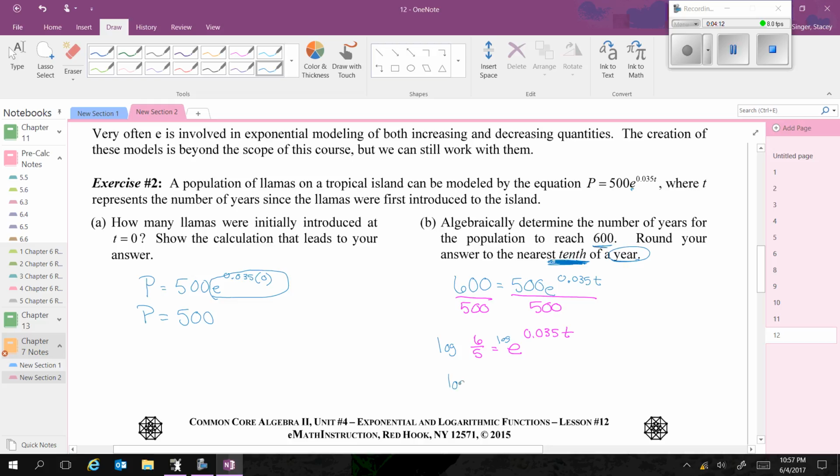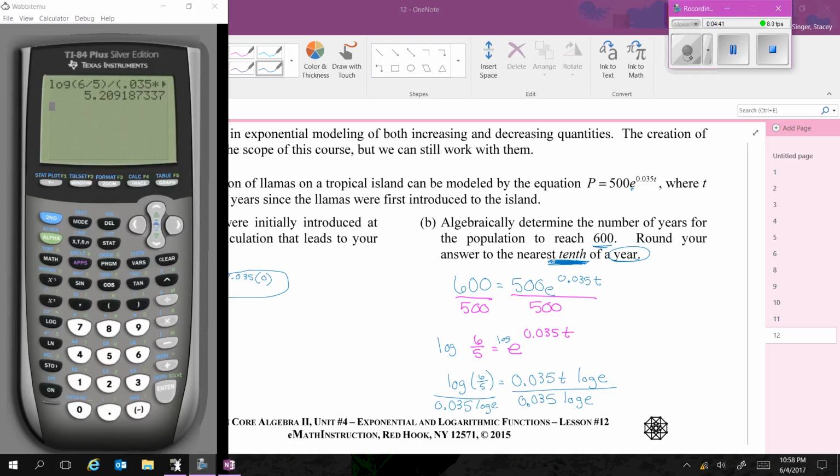So I have the log of 6/5 equals 0.035 t times the log of e, divide by both 0.035 and the log of e. Type that in my calculator. You get 5.21 approximately. Oh, round to the nearest tenth, 5.2.